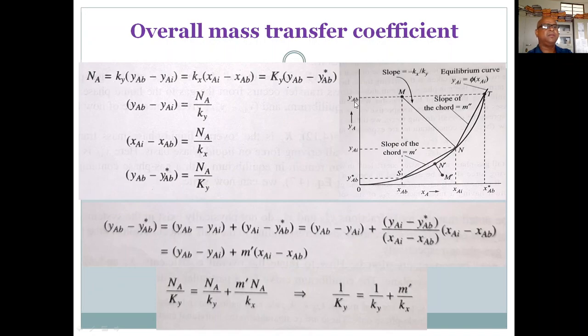Y_AB minus Y_Ai. Similarly, if I take k_x, it is X_Ai minus X_AB. That is the driving force, isn't it? X_Ai minus X_AB, we already know.